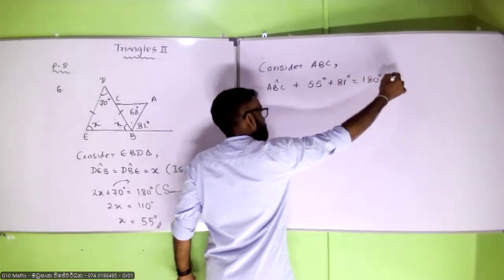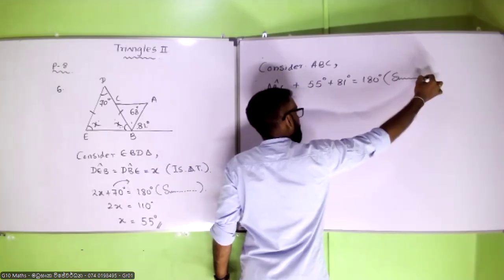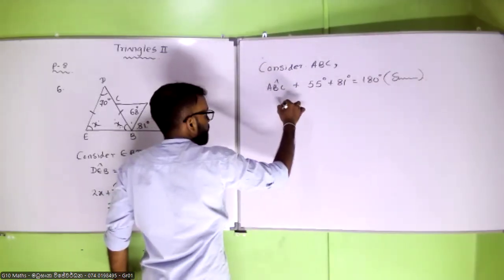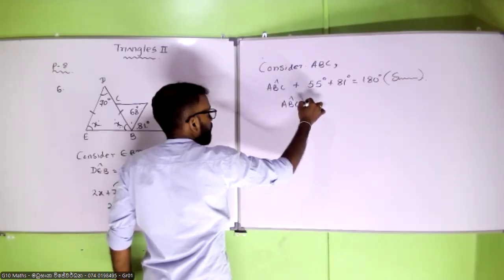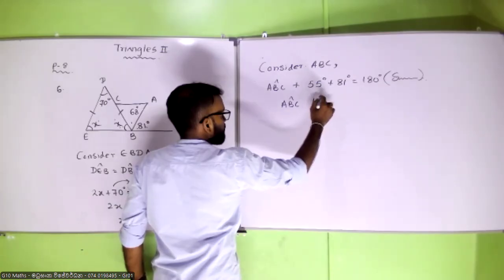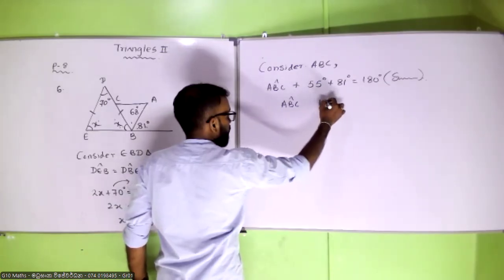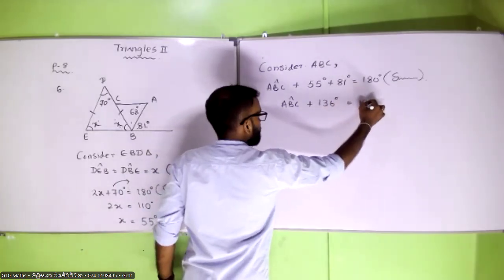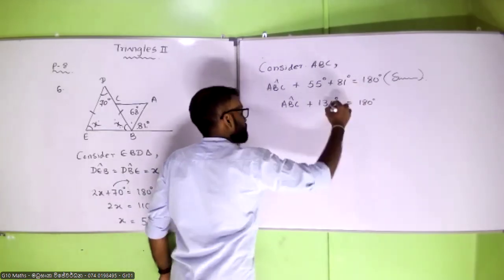You know the reason, the angle sum of a triangle; you have to write it. 55 plus 81 is 136.